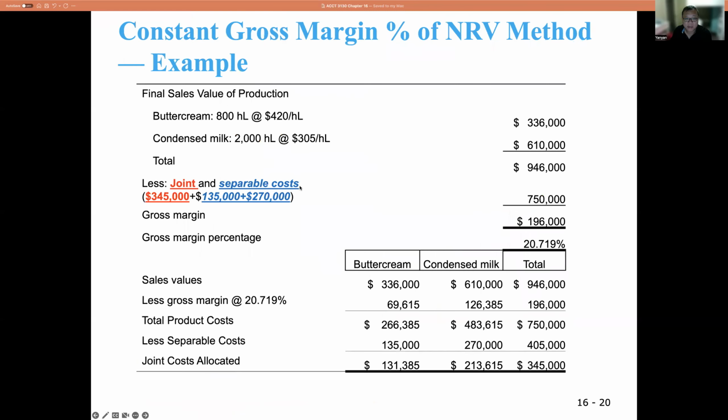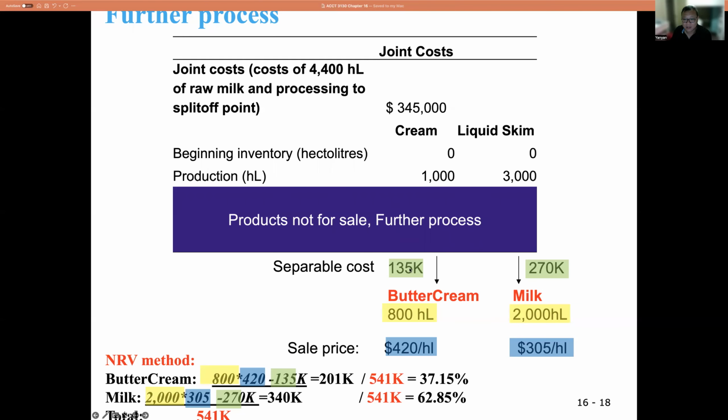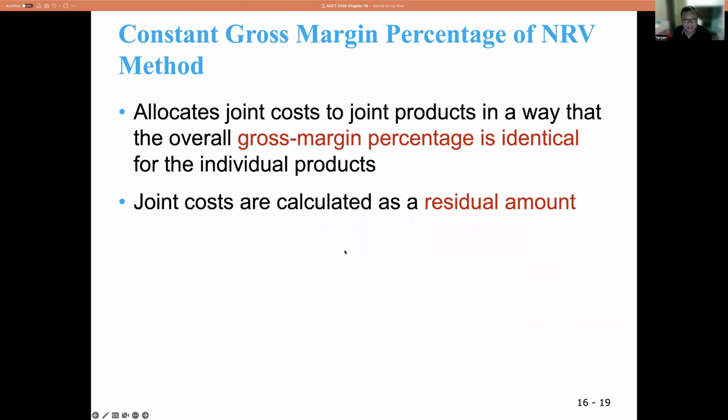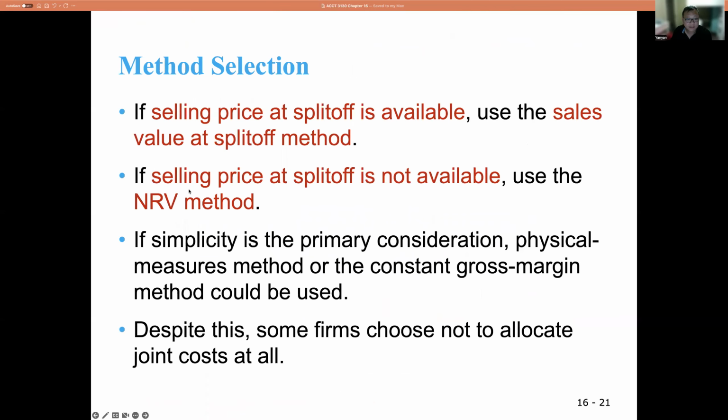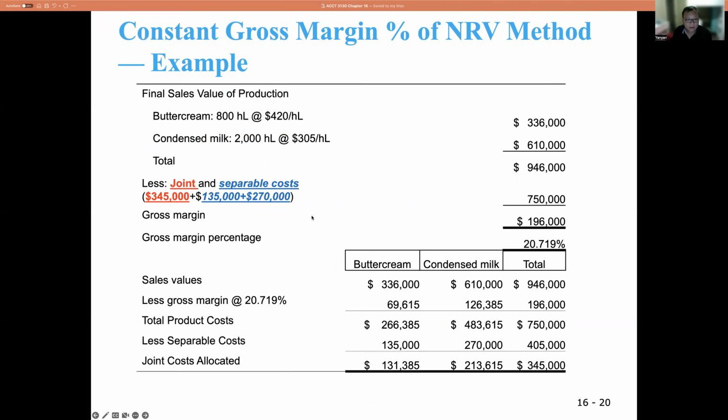And also the separable costs: we have 135K and 270K, the green color. I need to add those, so this is my total cost. When I add these three numbers together, I have 750,000. Then I take the difference, sales minus cost, which gives me the gross margin, 196,000.